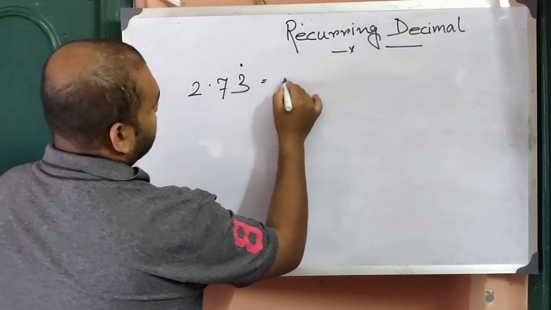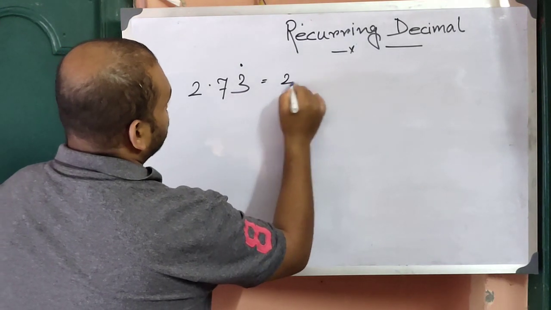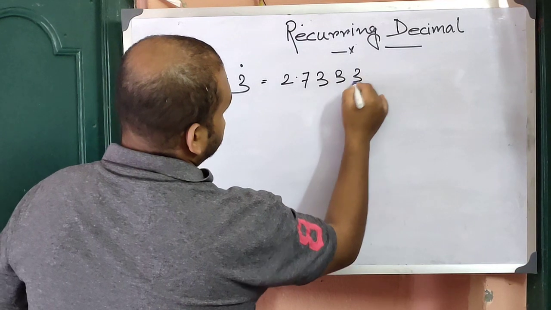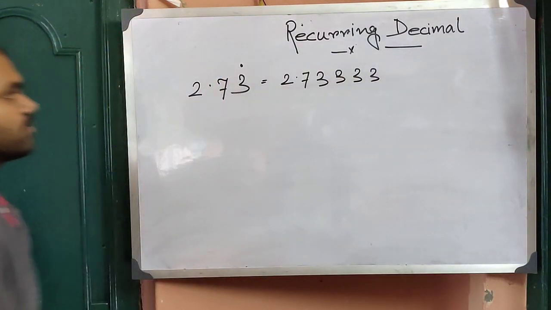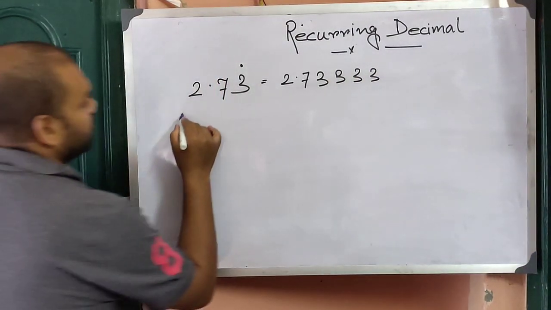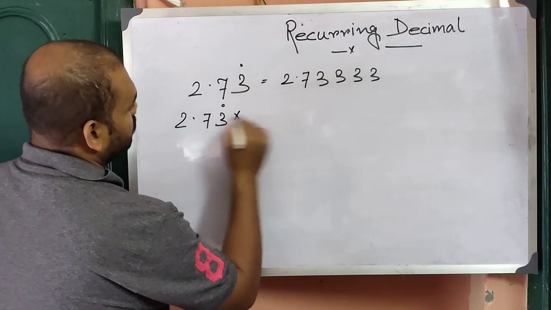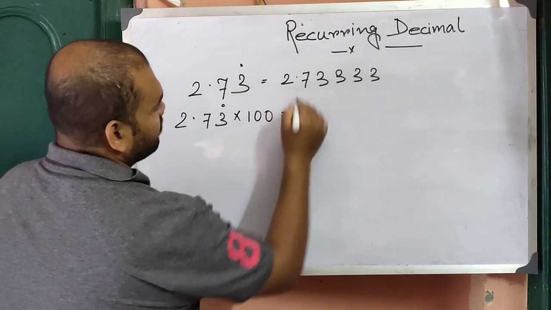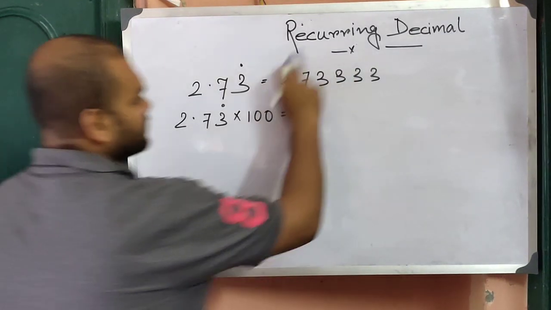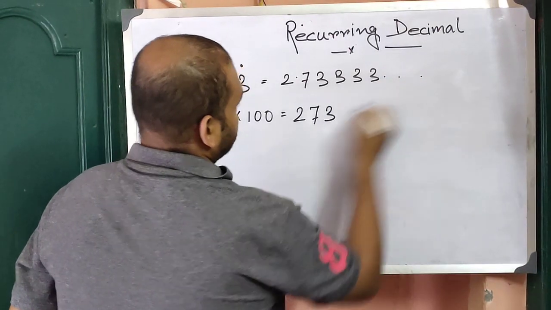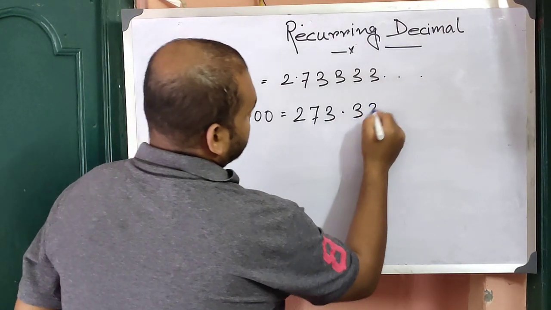Again it can be written as 2.7333 and so on. Multiply 2.73 recurring into 100. The point will shift two places to the right, so 273.333.